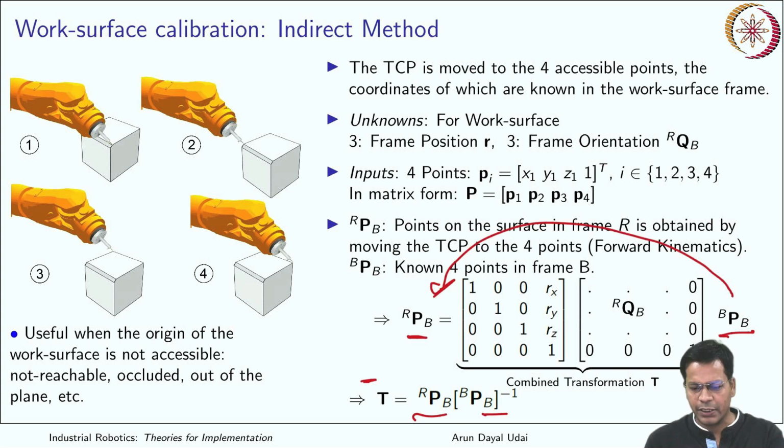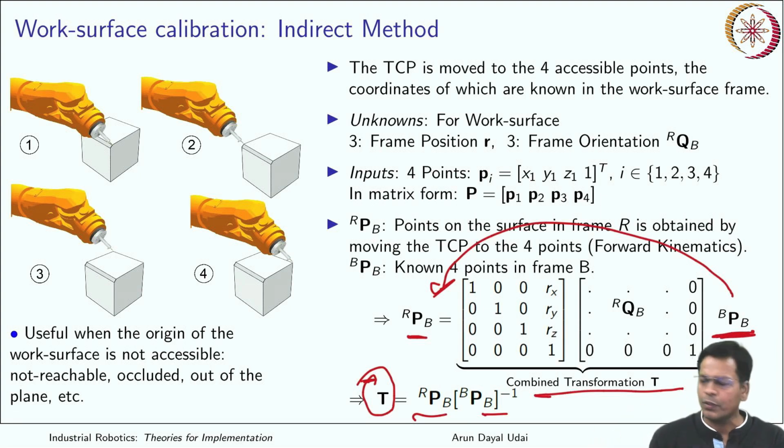You brought it here, taking the inverse, and you can find out the unknown transformation that can take any points on your work surface frame and bring them to your robot's frame. So that is what you wanted to know. This is the transformation matrix. A combined transformation matrix can now be obtained. Okay.